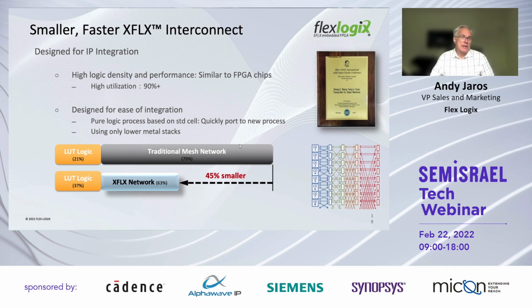So we tend to get close to 90% utilization of the available LUTs as compared to 70% for off-the-shelf FPGAs. So if you're going to dedicate a certain number of square millimeters of your ASIC to FPGA, you want to be able to use as much of that logic capacity as possible. And our interconnect allows us a design methodology that makes us extremely integratable. The shortest time that we've delivered our product to a customer taping out a chip with embedded FPGA has been 2.5 months.